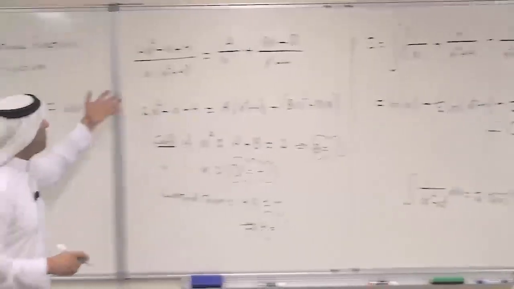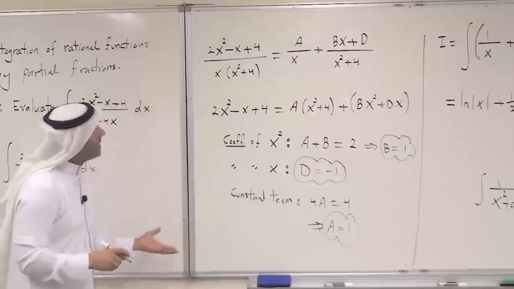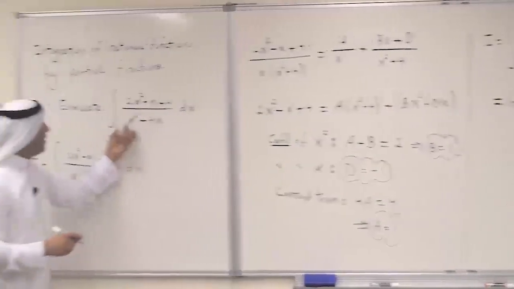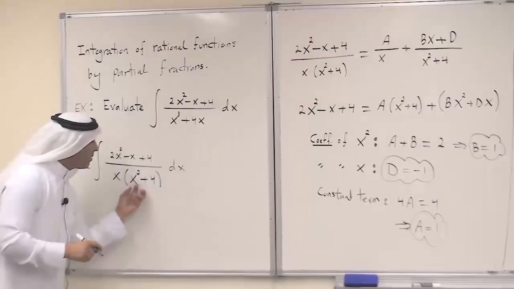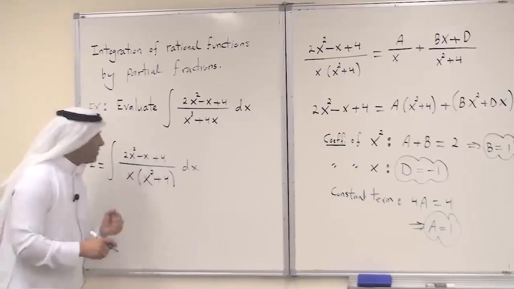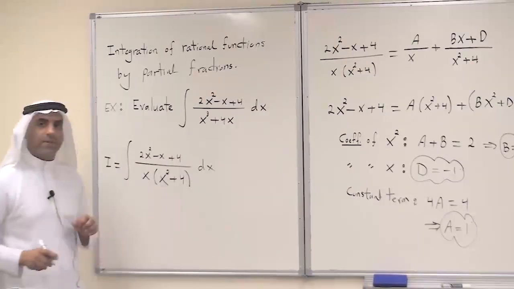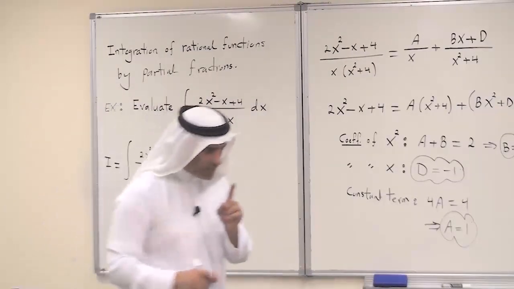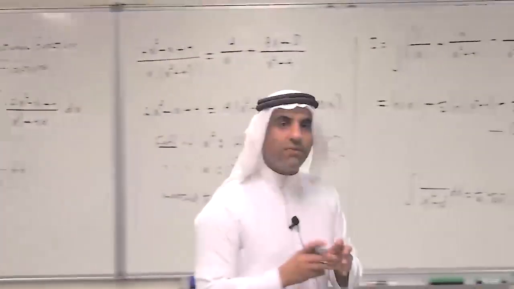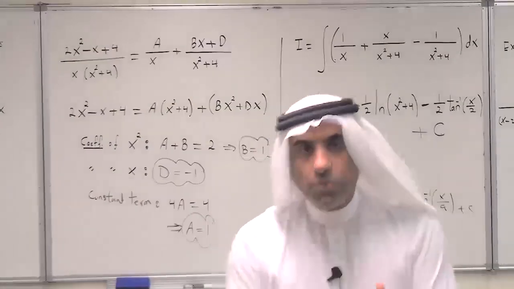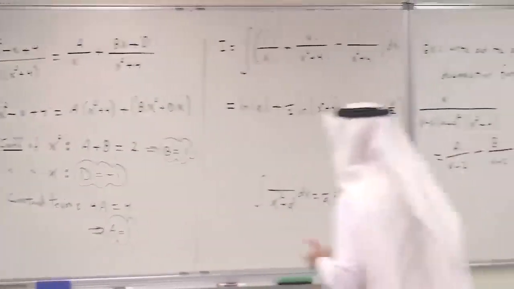So this shows how to integrate functions if they have quadratic factors, non-repeated. Quadratic factors, but not repeated. But this is one type of quadratic factors. There is another one where we have 3 terms.